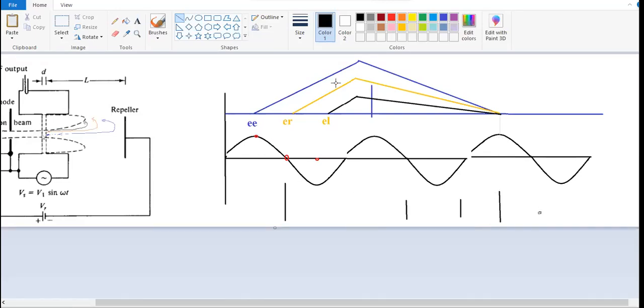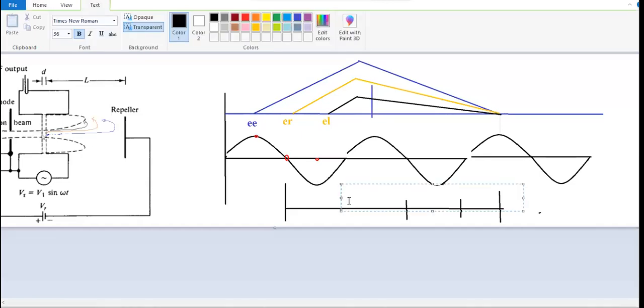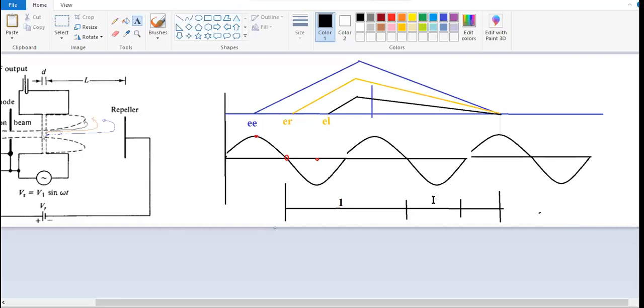Okay, so for this entire distance from this location to this location, how much will we calculate? This is one cycle, from here to here. Okay, this is a half cycle, and this is the half of the half. So one and a half, so 3/4.